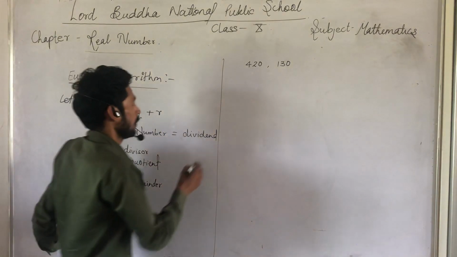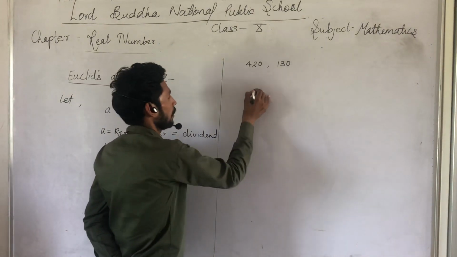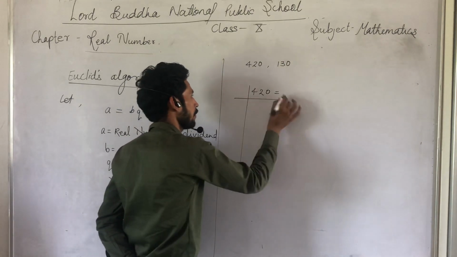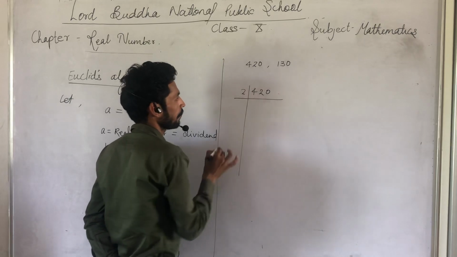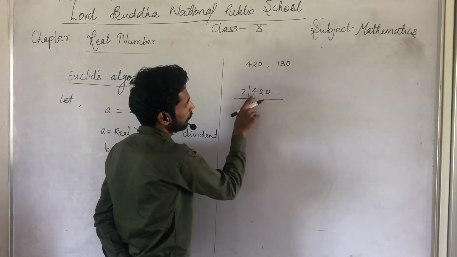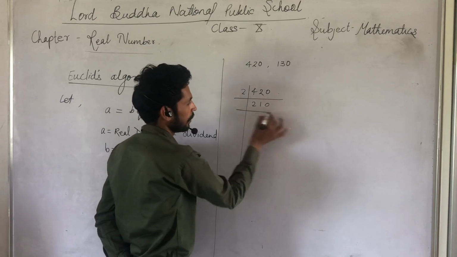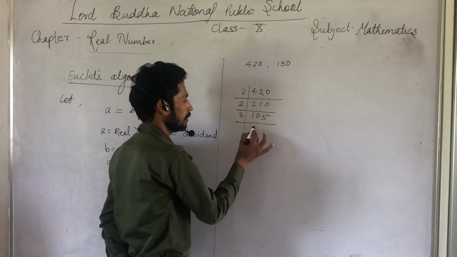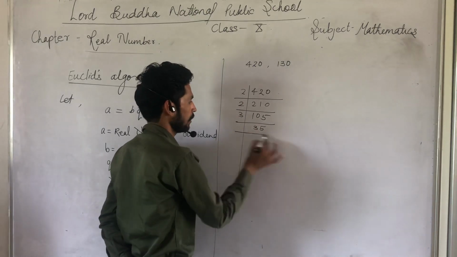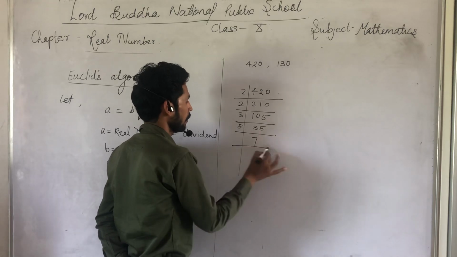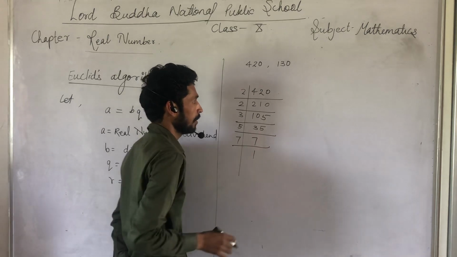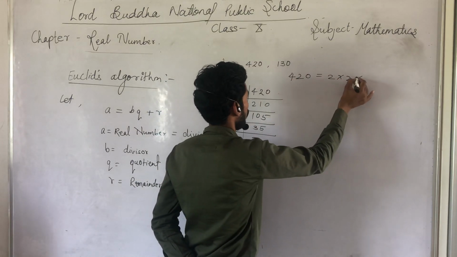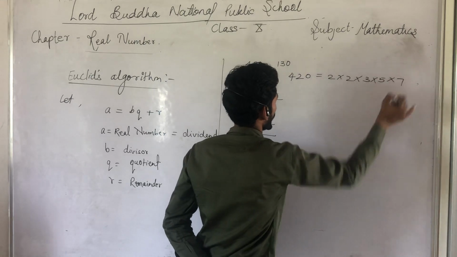Now 420 can be factorized: 2 twos are 4, 2 twos... then 3, 5, 7. So 420 = 2 × 2 × 3 × 5 × 7. That is the factorization.